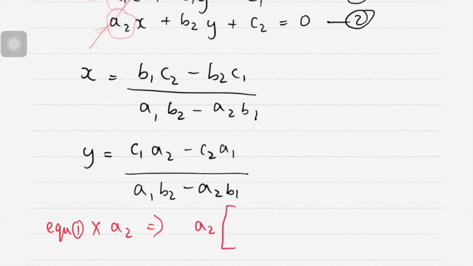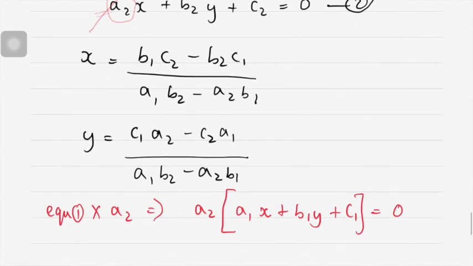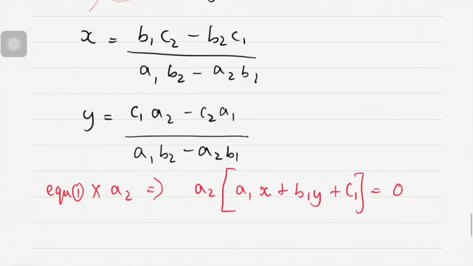When I multiply a2 to equation 1, we get a2 into a1x plus b1y plus c1 is equal to 0 into a2, and anything multiplied by 0 is 0 only, so I don't need to write it.